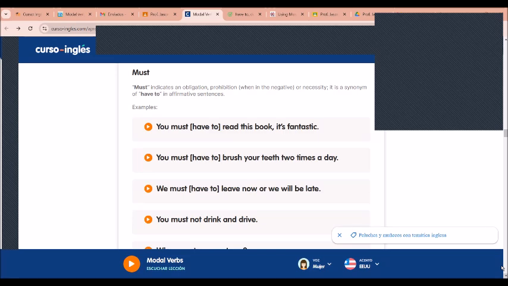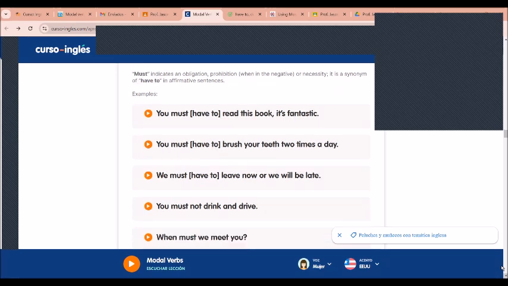Must indicates an obligation, prohibition when in the negative, or necessity. It is a synonym of have to in affirmative sentences. Examples: You must read this book.